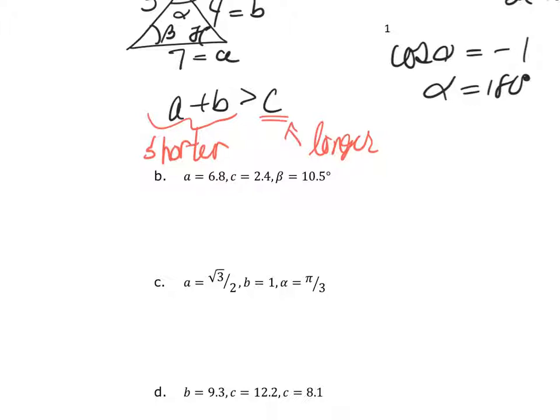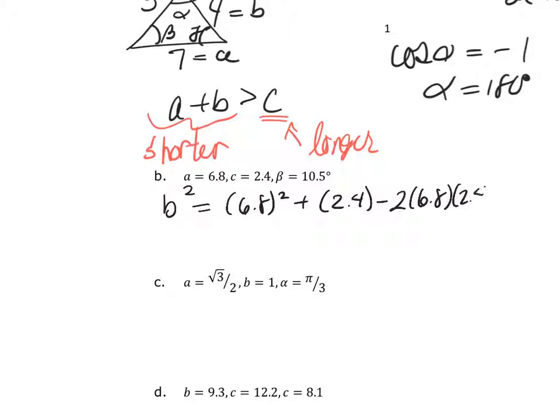So I am chasing b, so I get b squared is equal to a squared plus c squared minus 2ac cosine 10.5 degrees.